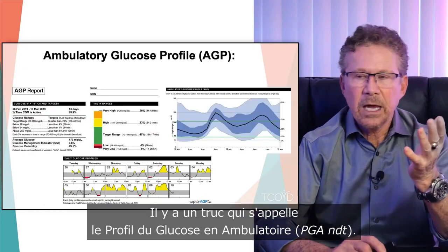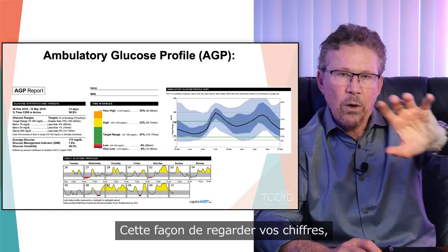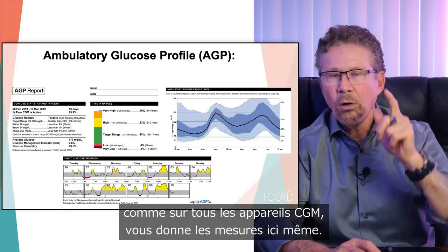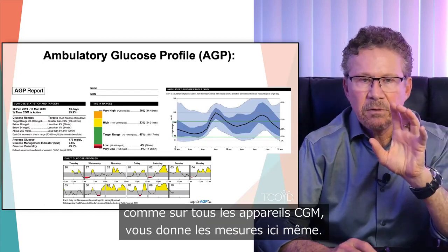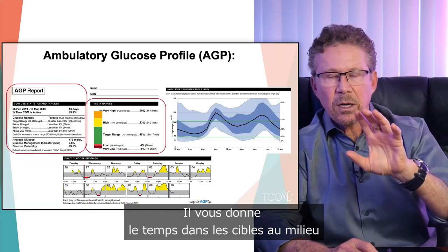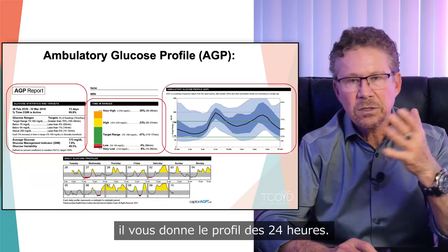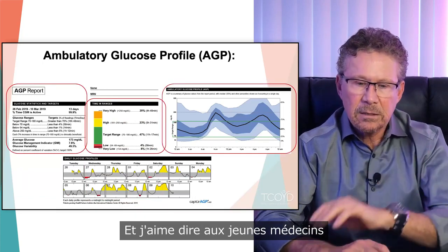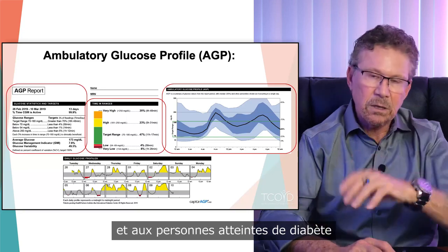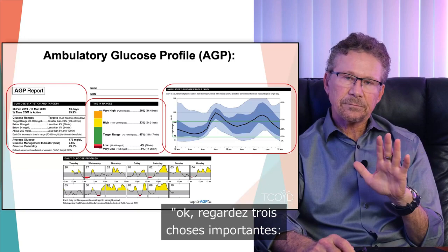Now, there is a thing called the ambulatory glucose profile. This way of looking at your numbers is on all the CGM devices. It gives you the metrics right here. It gives you the time in range and out of range in the middle. And then over on the right, it gives you the 24-hour profile. And I like to tell the younger doctors and people with diabetes to say, okay, look at 3 important things.